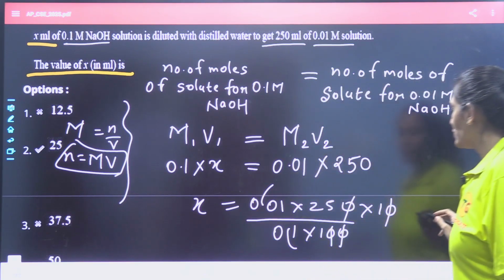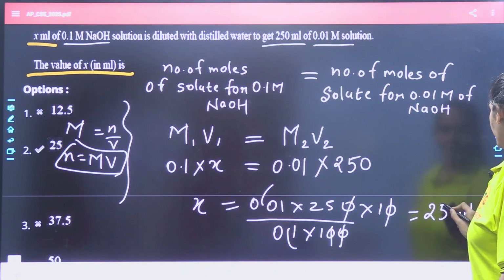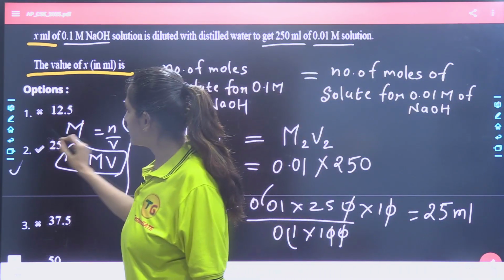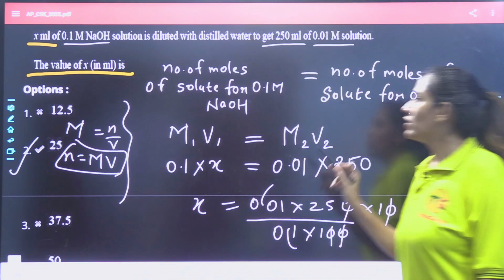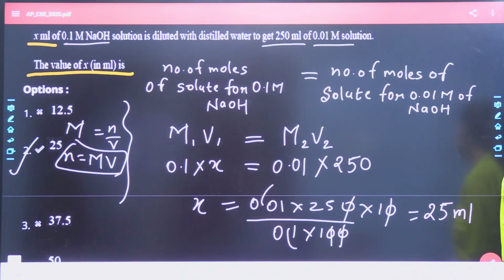So our answer would be 25 ml. 25 ml would be our correct answer. Here, option number 2. Okay, we simply solved it. In both the cases, the number of moles of the solute, that is of NaOH, is the same. There is no change in it. Clear? So our correct option would be 25 ml, option number 2.